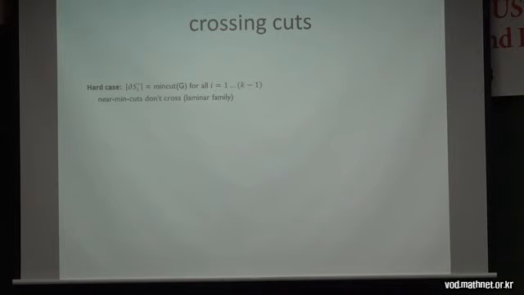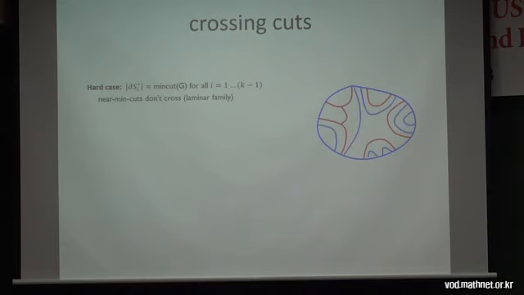So they form a laminar family. Okay, so this is our illustration of the opt. Everything except one guy is a near min-cut. But there are other near min-cuts as well, so they are hidden here. But one good thing about the laminar family is that we can represent it as a tree.